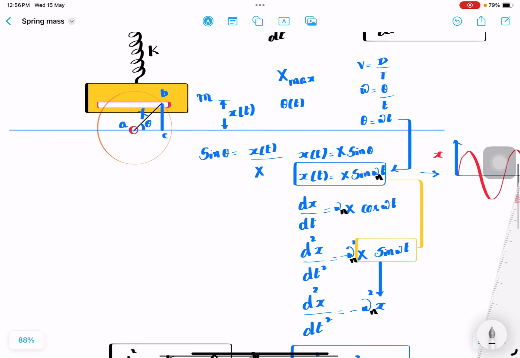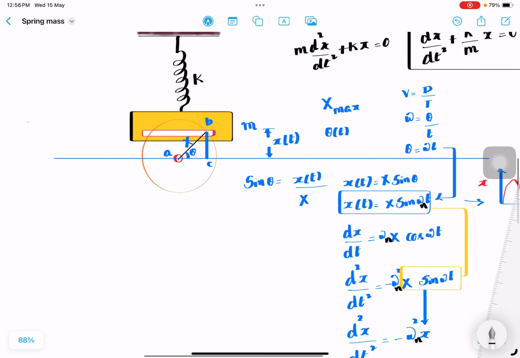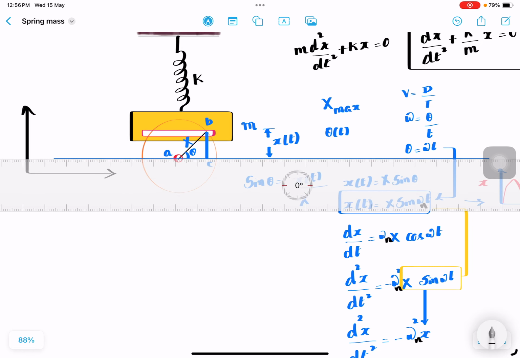Because you could see that in this imaginary mechanism, if you plot it as a sine curve, when this mechanism and this link are perfectly horizontal, the displacement is going to be 0.